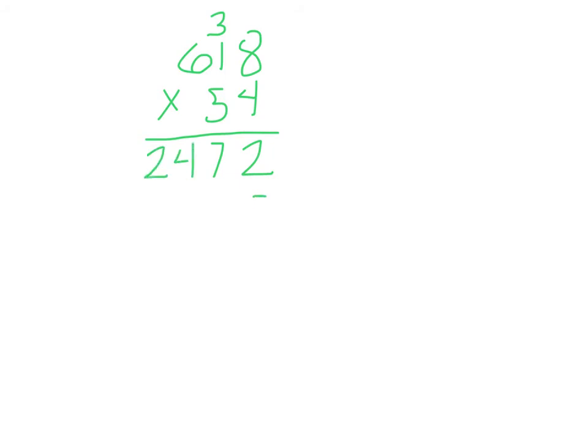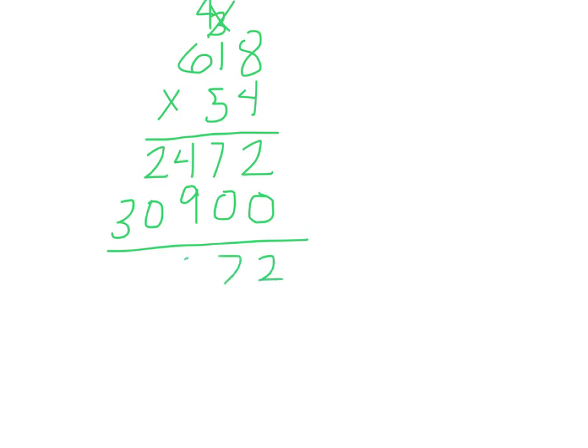I put down my 0 because I'm now multiplying by the tens. 5 times 8 is 40. Carry the 4. 5 times 1 is 5, plus 4 is 9. 5 times 6 is 30, and then I add this. 2, 7, 13, 3, 3.